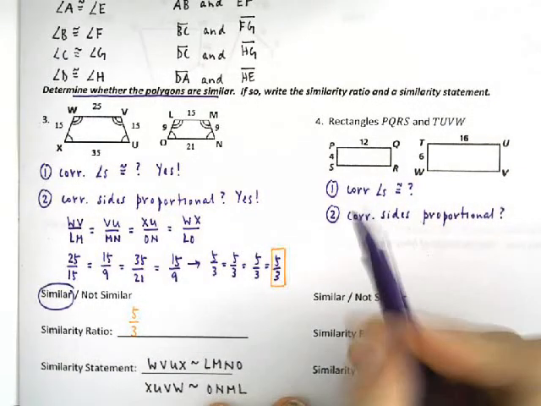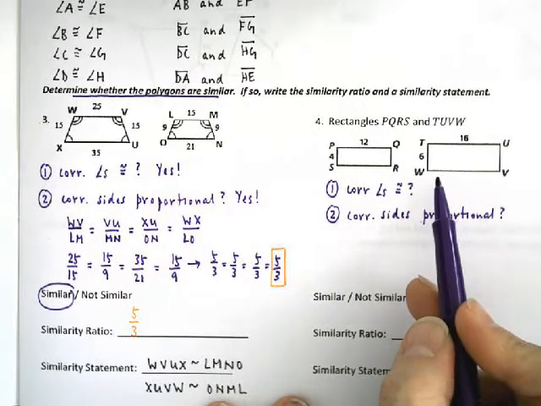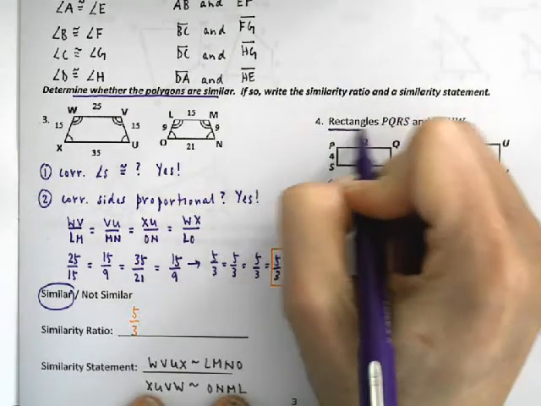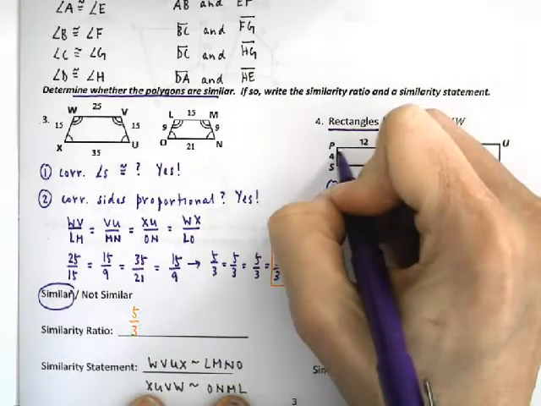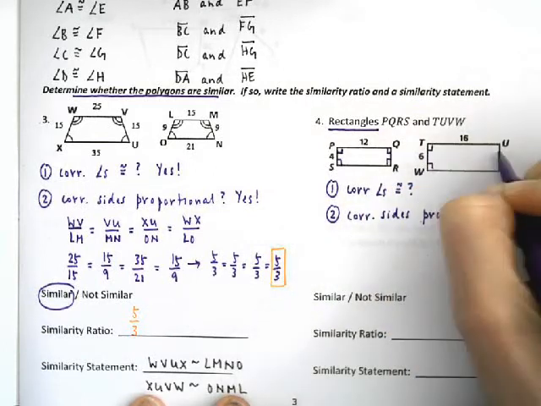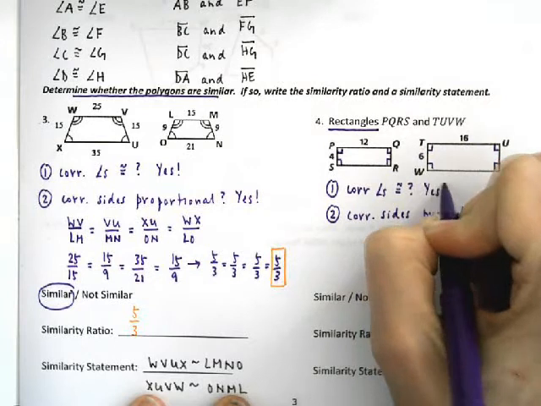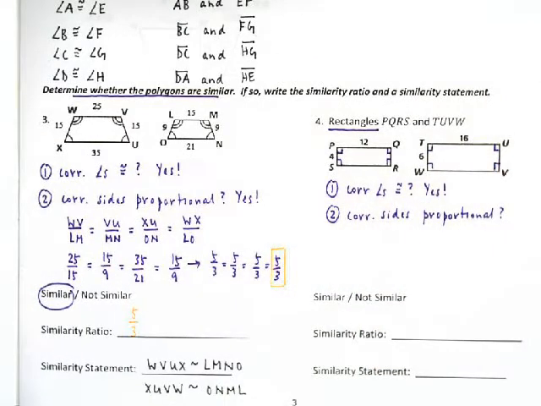So if I look at this right away, it doesn't seem immediately obvious whether the corresponding angles are congruent, but since I'm told these are rectangles, I know that I have 4 right angles. So then I definitely have corresponding angles are congruent. So now I need to check my corresponding sides.